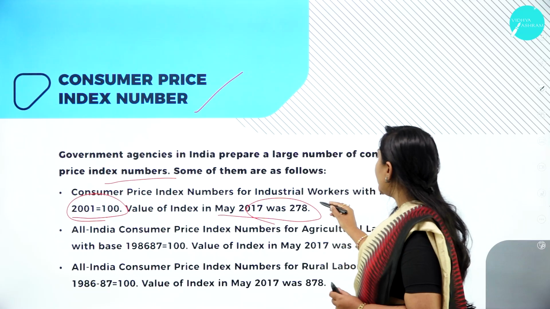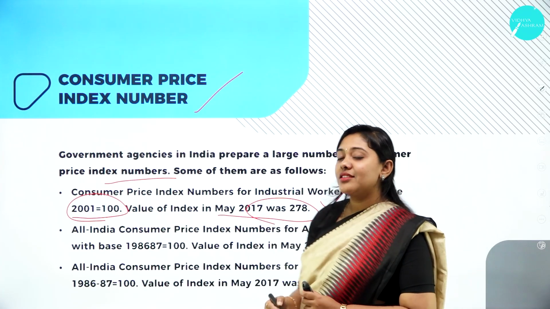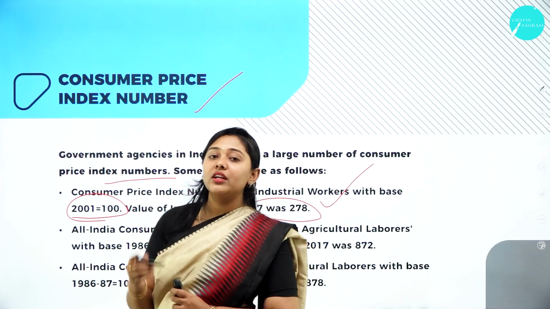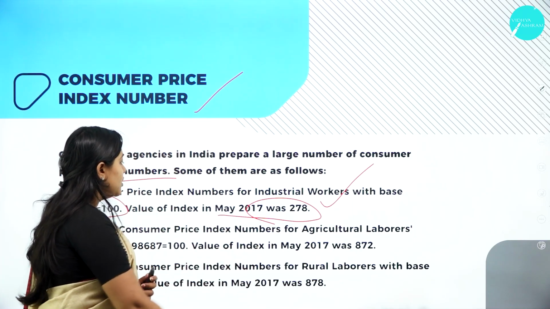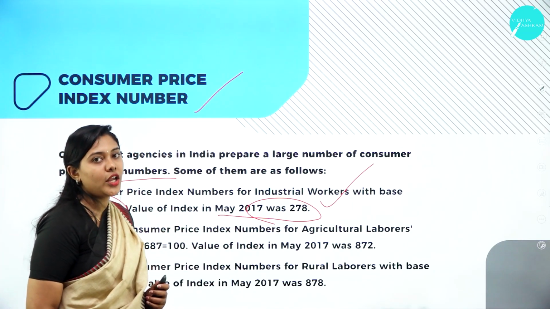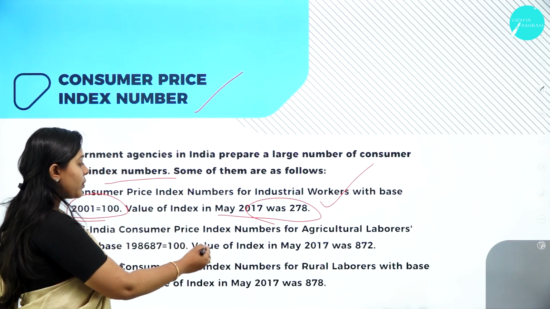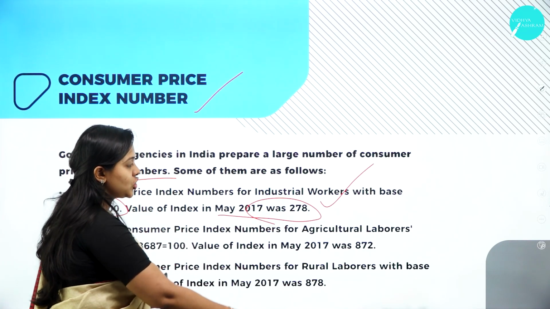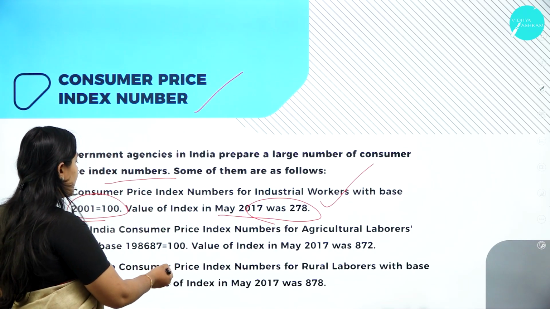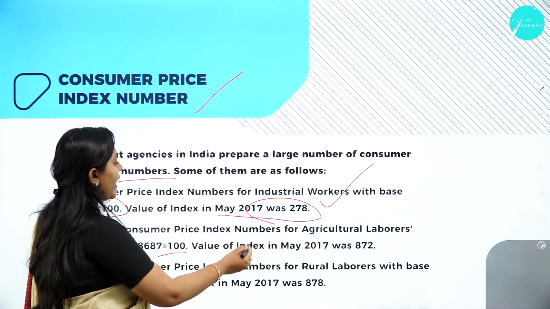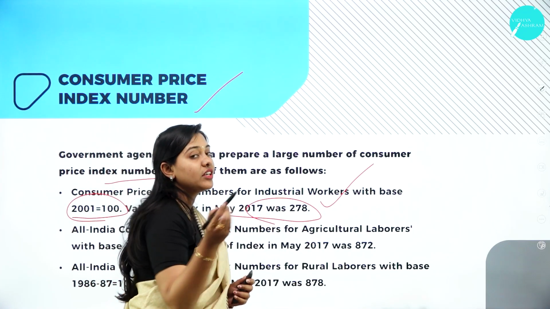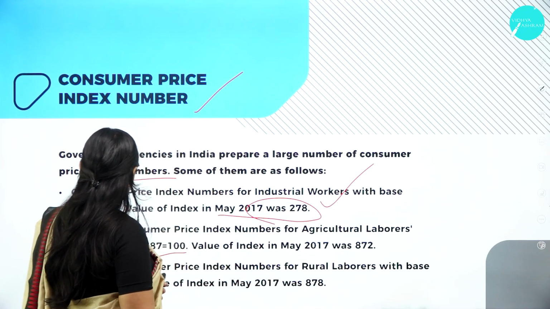So your industrial workers with the base 2001, in 2001 it was 100 rupees, but in the next index it has been changed to 278 rupees. So all India Consumer Price Index number for agricultural labor was base period 100 rupees, but the value of the index in May 2017 is 872 rupees.